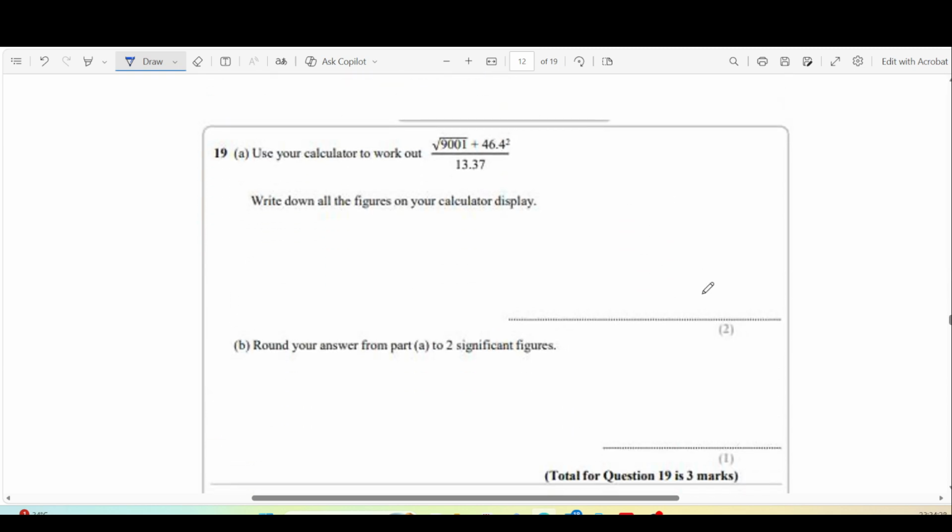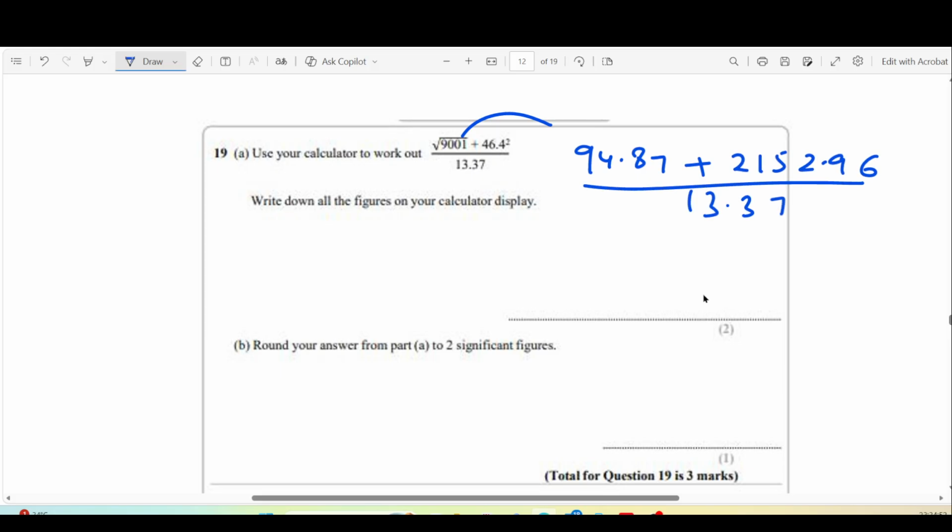Let's do question number 19. Okay, it says use your calculator. So if you put this value in the calculator, you'll get 94.87, and then this one, if you square it, you will get 2152.96, and then you have to divide it by 13.37.